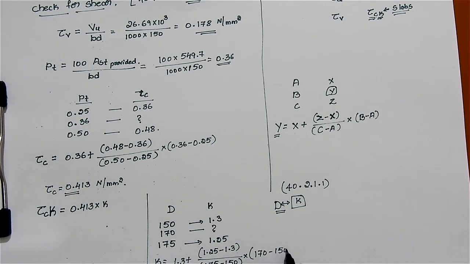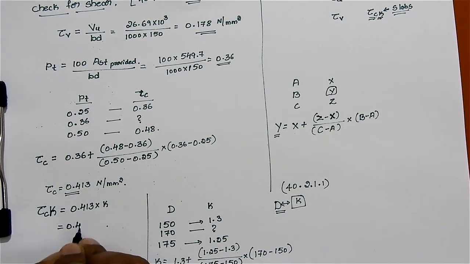If you calculate by calculator, you will get the k value as 1.26. That is between these two values, 1.25 lesser and 1.3 greater, so 1.26 is correct.